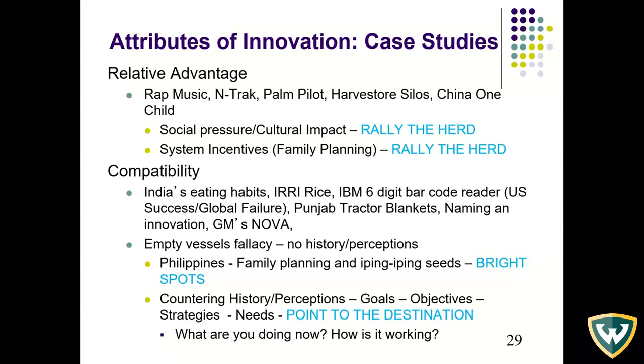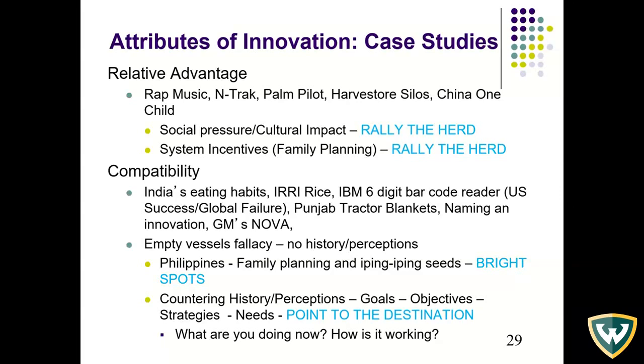So they do make a very impactful plea that change agents pay close attention to existing habits and culture. The empty vessel fallacy, that there are no habits, no pre-existing conditions, no history or perceptions, is foolish, and change agents absolutely need to make use of those pre-existing things. So one of the bright spots, which would be consistent with Switch, was the Philippines, where the change agent discovered that when chickens eat the iping seeds, they become infertile.